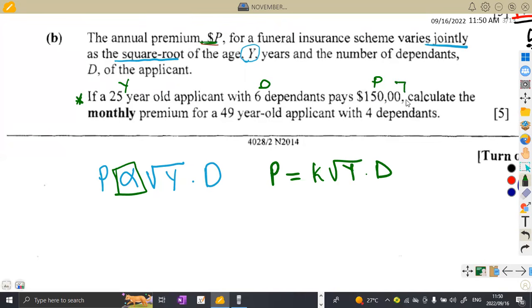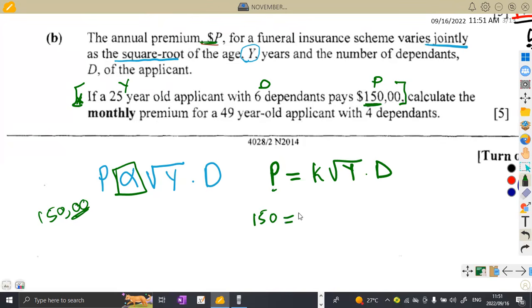So this information alone can help us to find the value of k, because we are given the money, which is p, $150. So you just write 150. The comma 00 is just a way of writing money. You don't use it when you're calculating. So you use the number, which is 150 here.